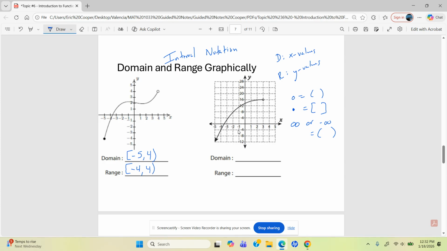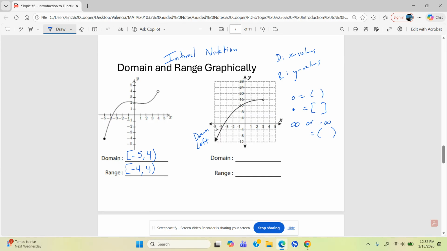Now on this problem, we have an arrow, and again our arrow is an indication that we're going to have an infinity. Now remember, this arrow is telling us it's going forever in 2 directions. This arrow tells us it's going down forever, and it's going to the left forever. That's going to be important when we get to interval notation. Again, for the domain, we're looking at the x values. We're looking at left and right.